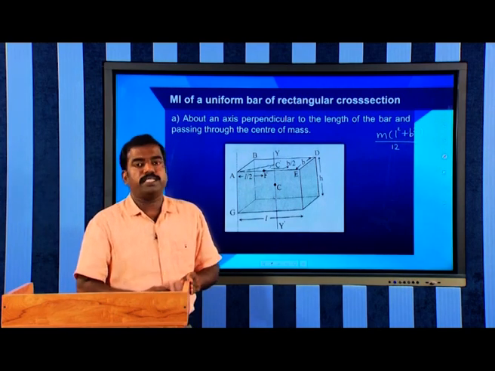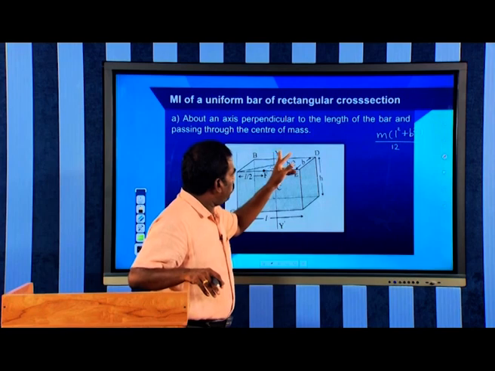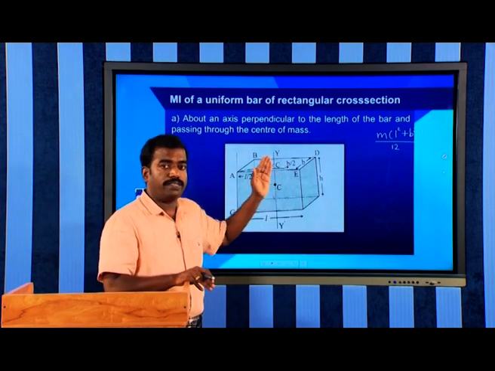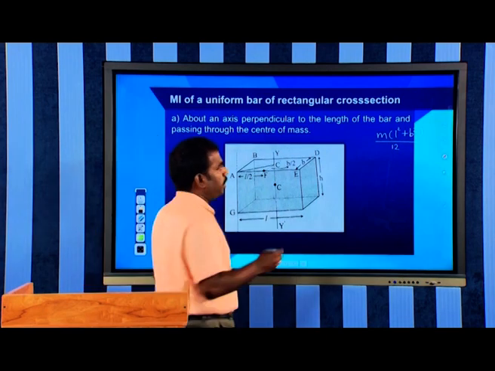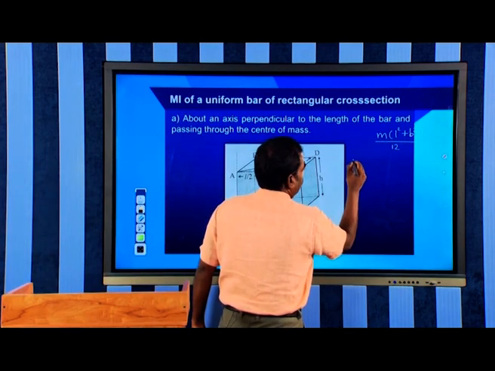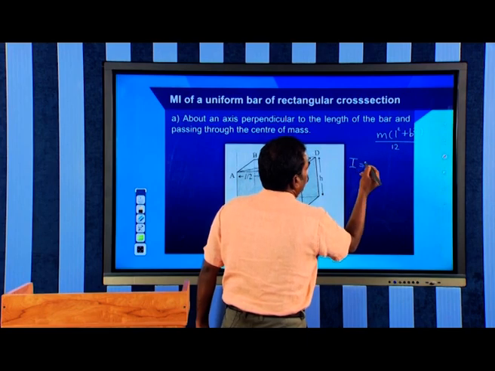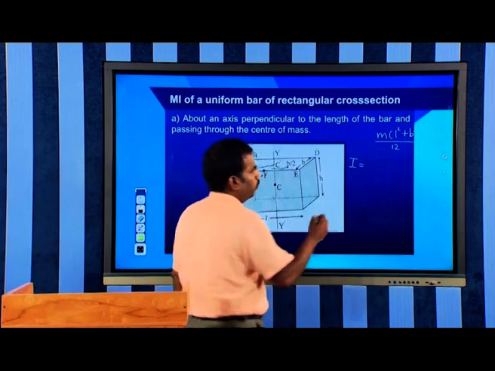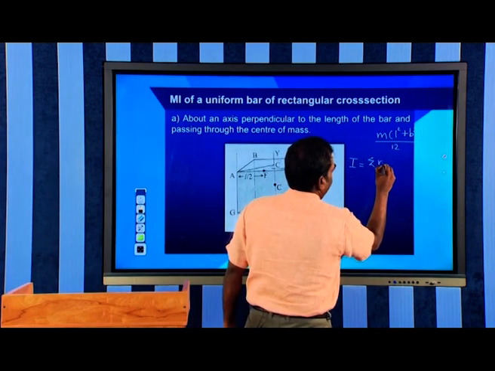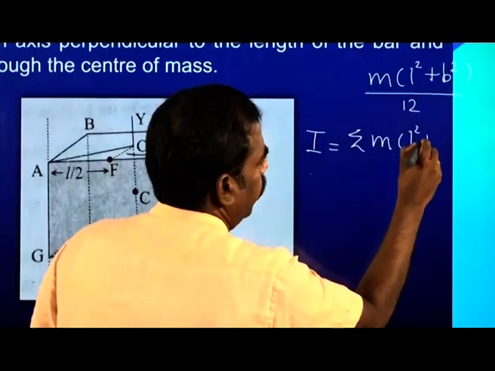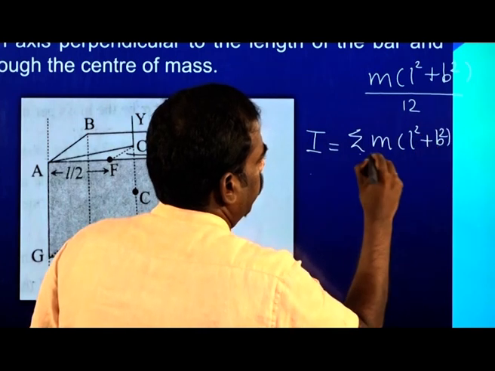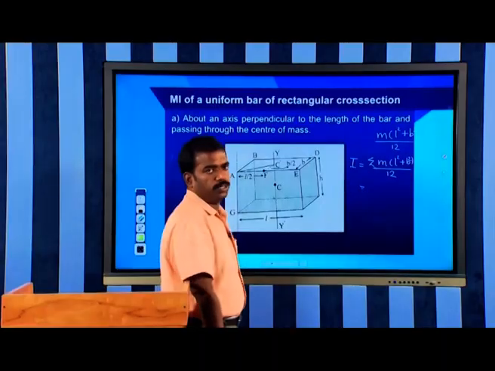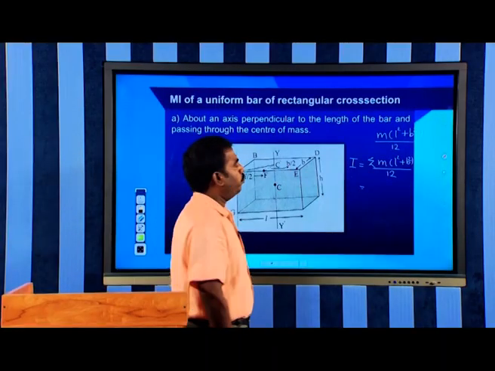So the moment of inertia of the whole bar about the axis y dash is the sum of the moments of inertia of all such laminae, and this is the moment of inertia that we require. I equals sigma m into (L square plus B square) by 12. L is constant, B is constant, and sigma m is the total mass of the solid bar.